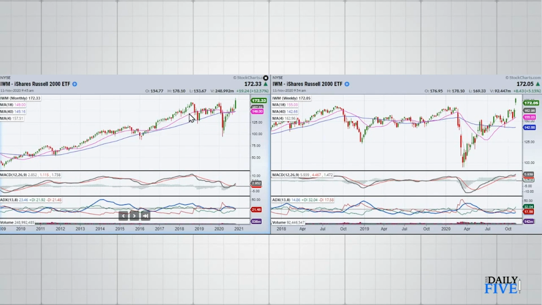If you look at the monthly chart on the left, starting in 2018, you started a corrective process, and it's much easier to see if you look at the MACD. The MACD worked its way back down towards the zero line and really just recently caught up with the zero line and has turned back above its signal line and the zero line right around the same time.